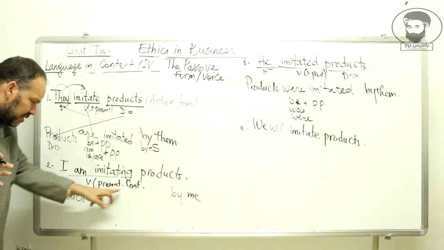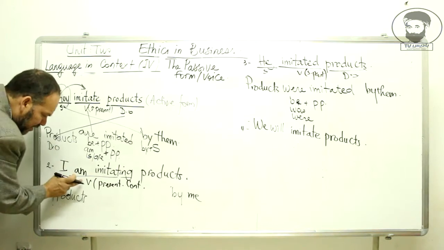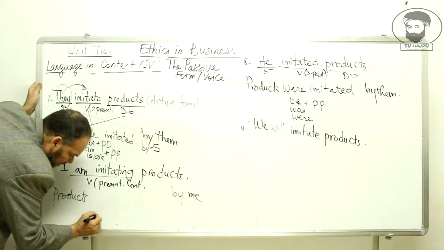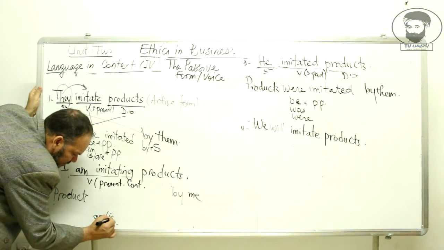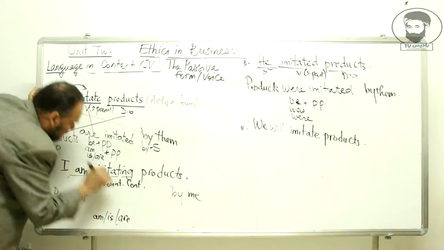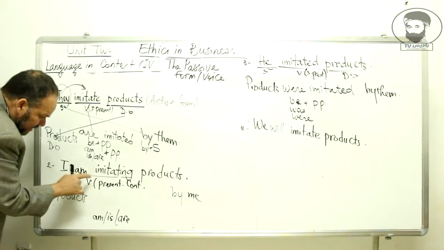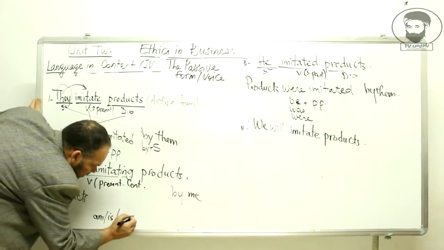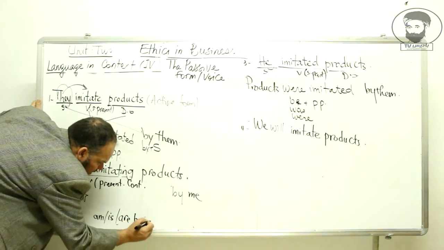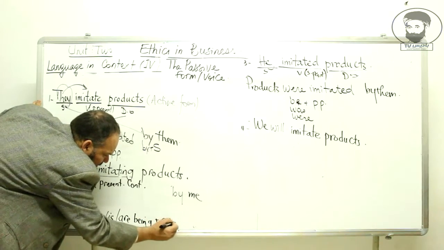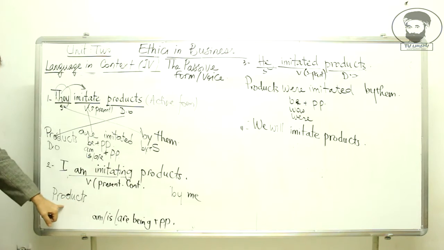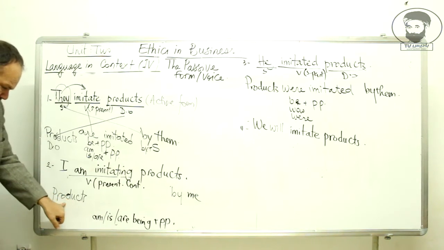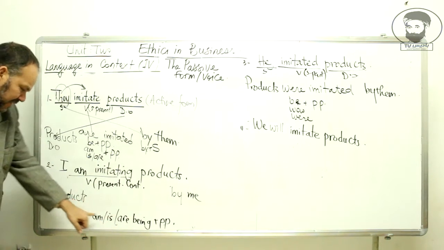Because it's a present continuous, to be is either is or are, present, remember present, plus being, plus past participle.